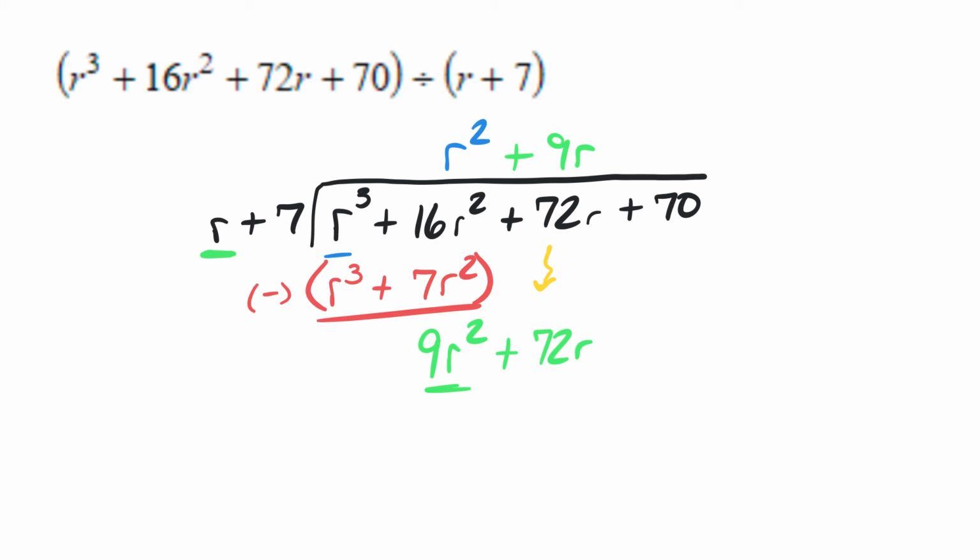This is an understood distribution to the term in the front here. So 9R times R is 9R squared. And 9R times 7 is 63R.